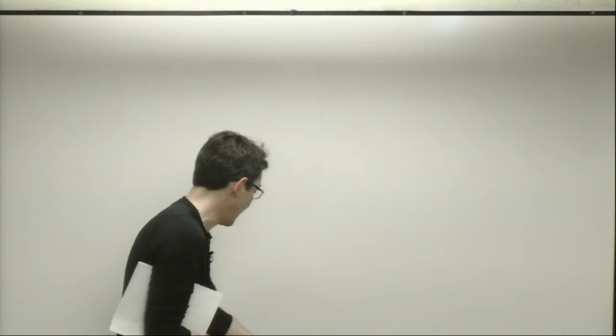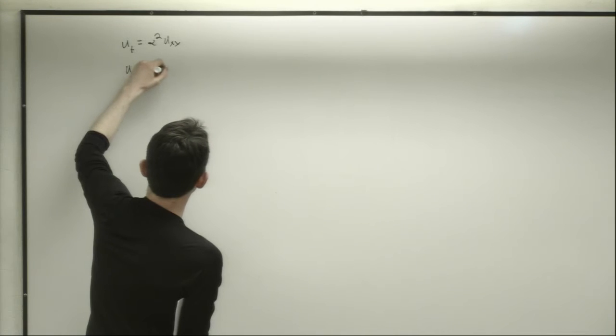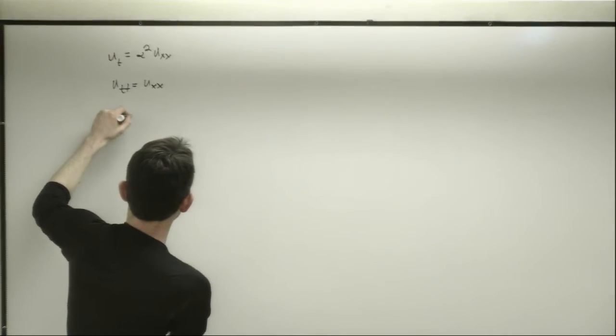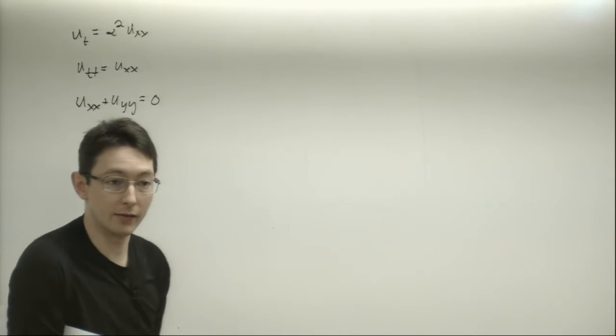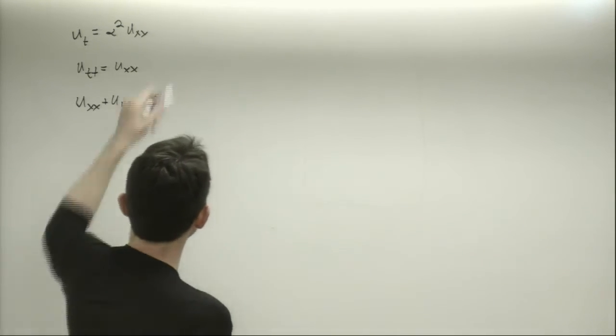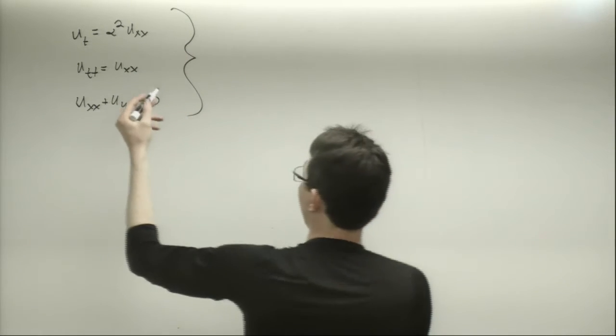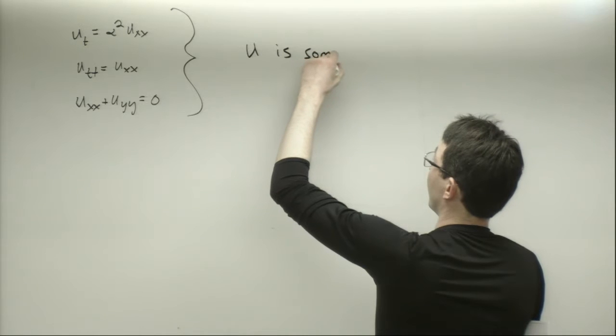Okay, so when I have differential equations like u_t equals alpha squared u_xx, or u_tt equals u_xx, or u_xx plus u_yy equals 0, the basic idea is that u is some function.